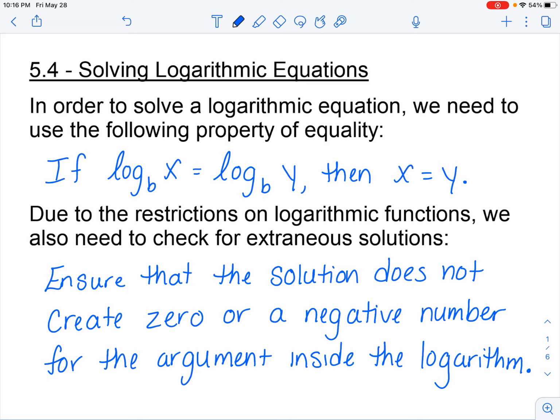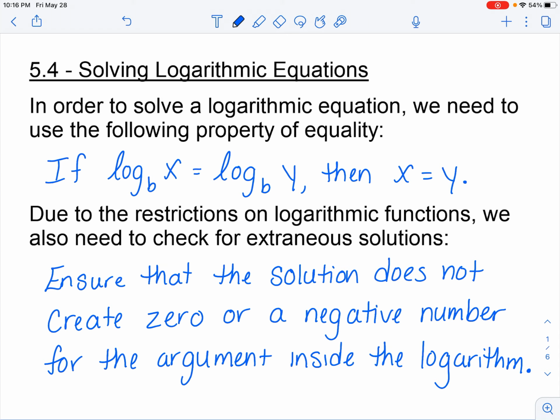Okay, so the value itself for x could be 0 or a negative, but you have to make sure that when you plug it back into the expression in the argument inside of the logarithm, you don't get a negative or 0 there. All right, so we'll talk through that as it comes up.